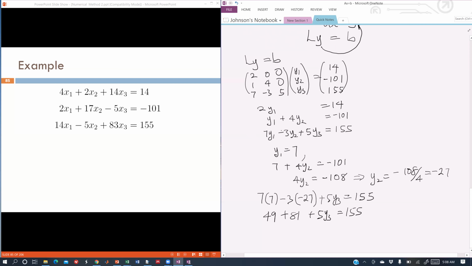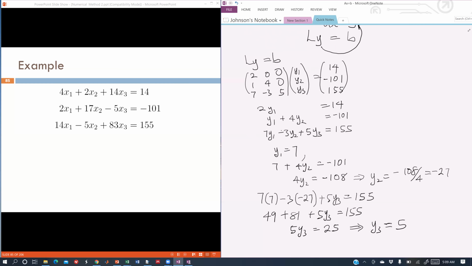So putting everything together, this gives us 130, and taking that 130 there, it gives us 5y3 is equal to 25. And that implies that my y3 is actually 5. So this is what we have.